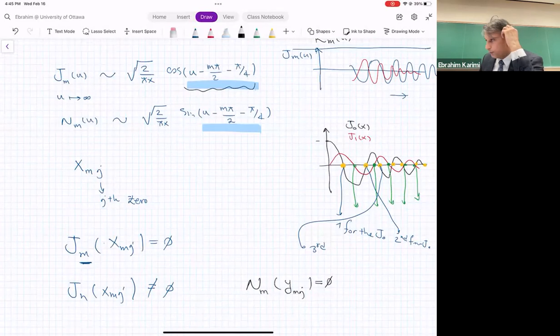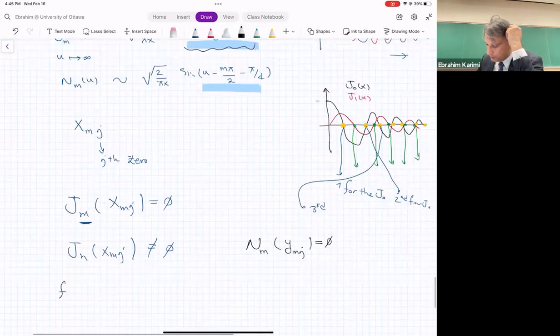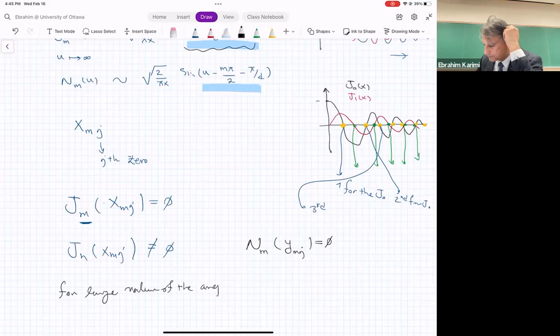We say for large values of the argument, xmj is approximately equal to j pi minus (m minus 1/2) pi divided by 2.